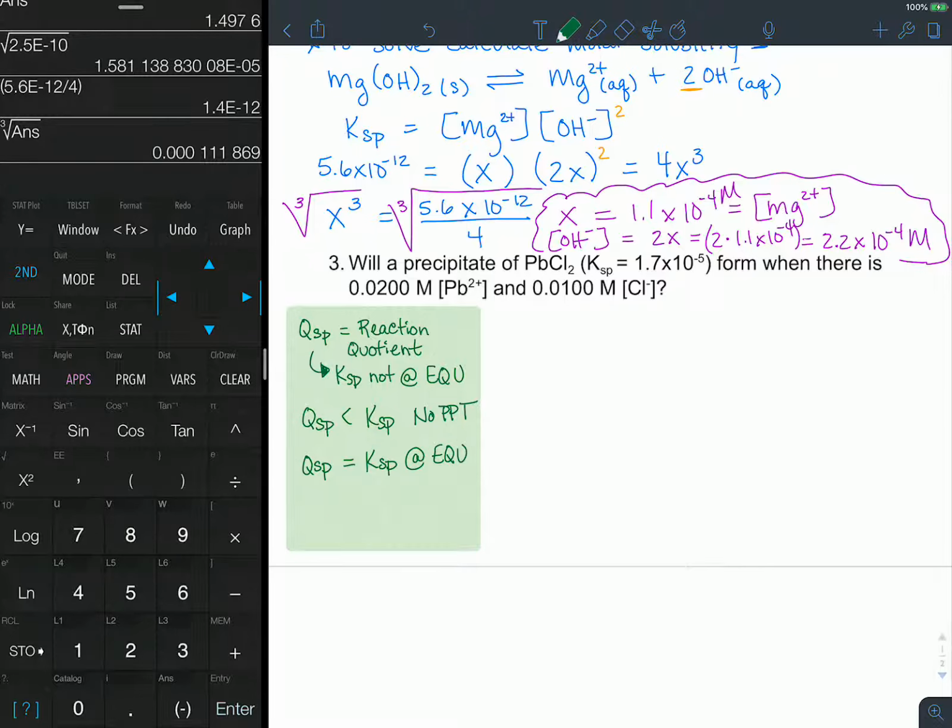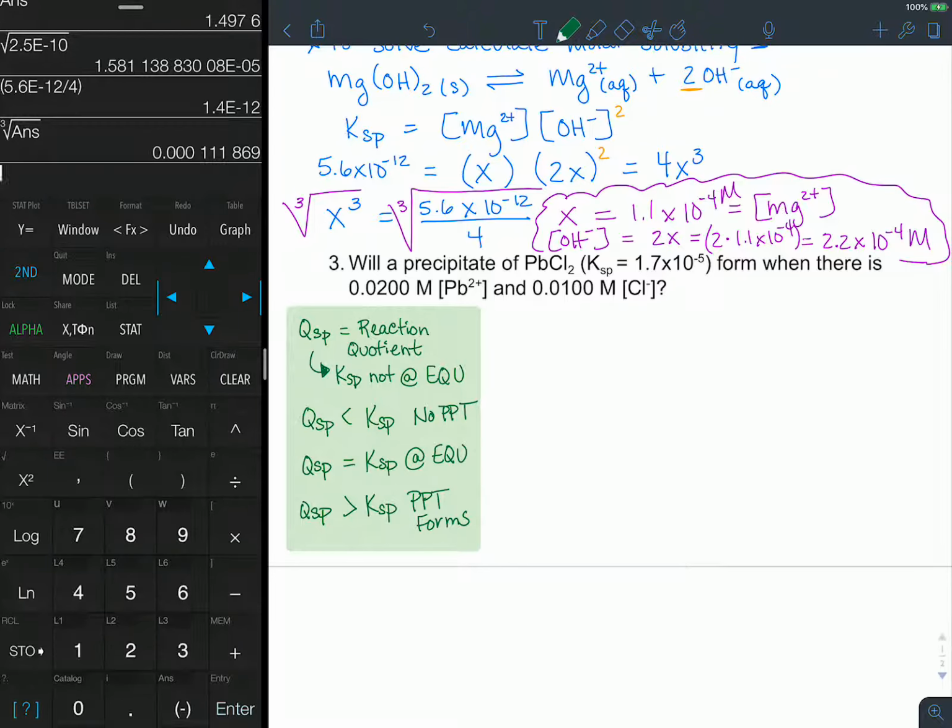And if QSP is greater than KSP, then a precipitate will form. So precipitate formed. Okay, so we have to calculate those values and then compare them.